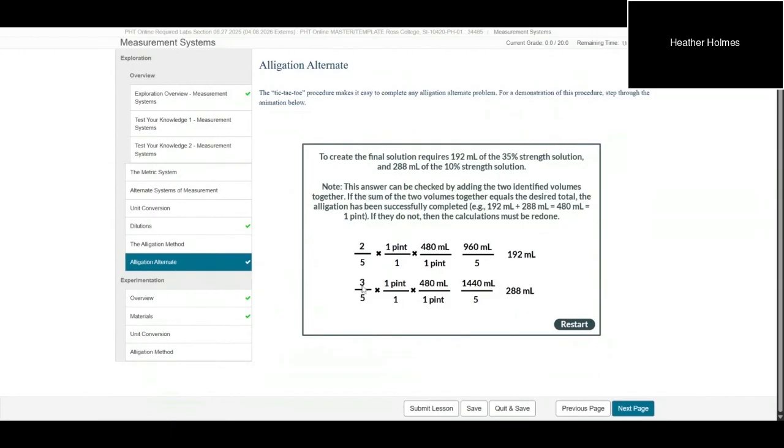And then for the 3/5, again, we have the 1 pint, and we want to figure out how many mLs that we need. So it's the same thing, you're just switching the fraction. So you'd be multiplying 3 times 1 times the 480, and then the 5 times 1 times 1, which gives you this. And then when you reduce it, you'd get 288 mLs.